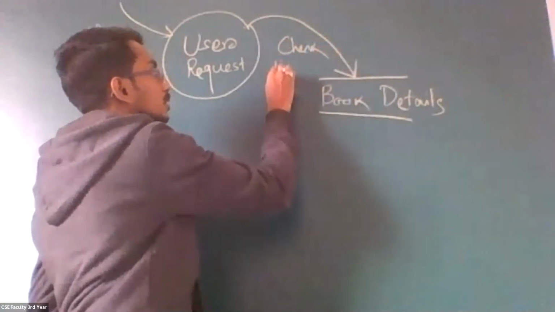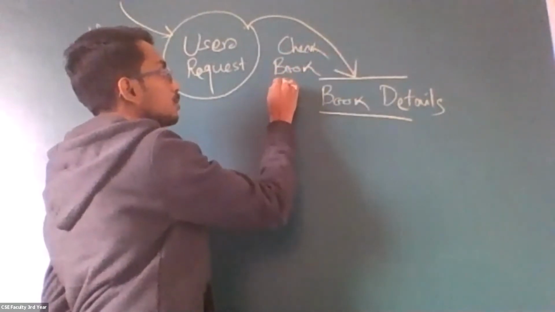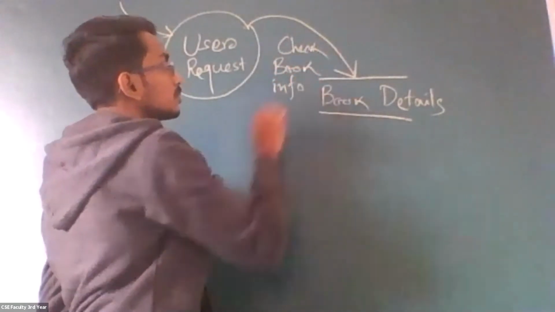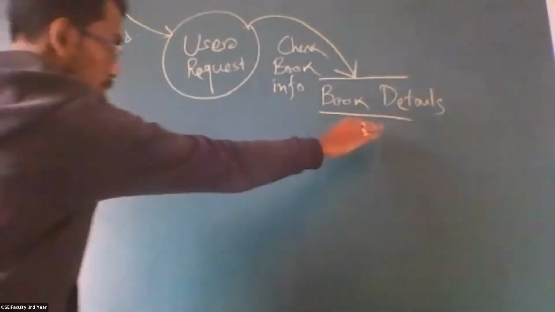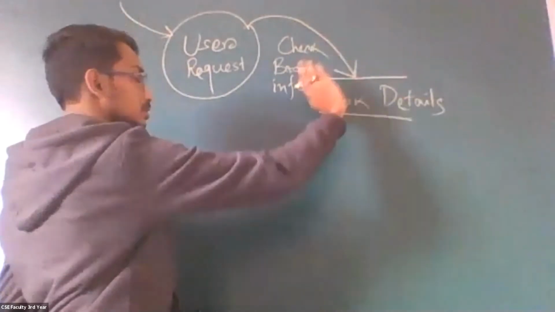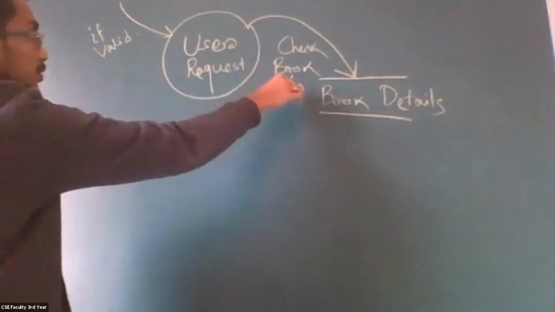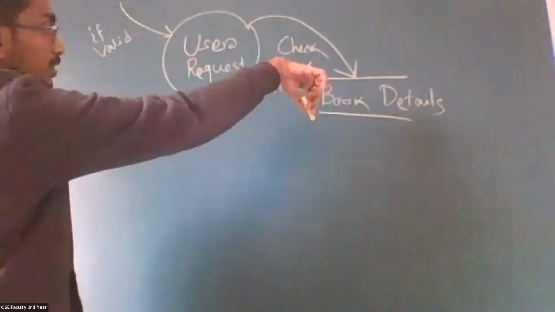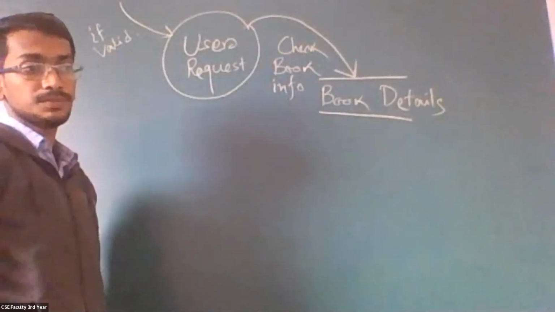Check book information from the book details data store. Suppose this is a database. From the book details database, when the user is requesting something to access, we need to check the book information first.